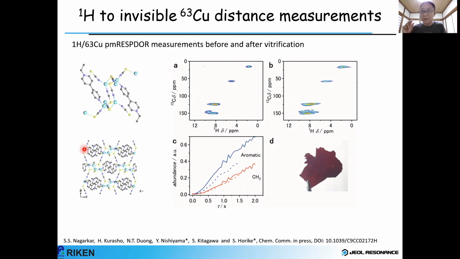In the case of glass, there is no way to understand the structure except for solid state NMR. And from solid state NMR, this clearly shows we see similar distances between the methyl proton and potassium, but after vitrification, we see longer distances, as with the aromatic proton and potassium. So this kind of information is only available from solid state NMR, and especially at fast MAS. For this application, I think fast MAS is quite useful.